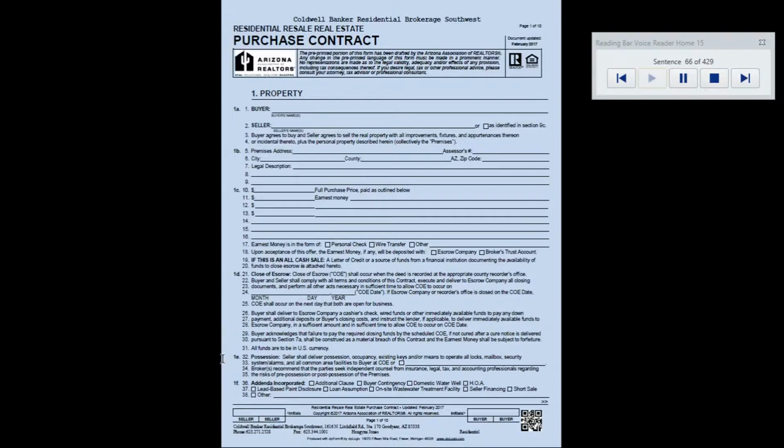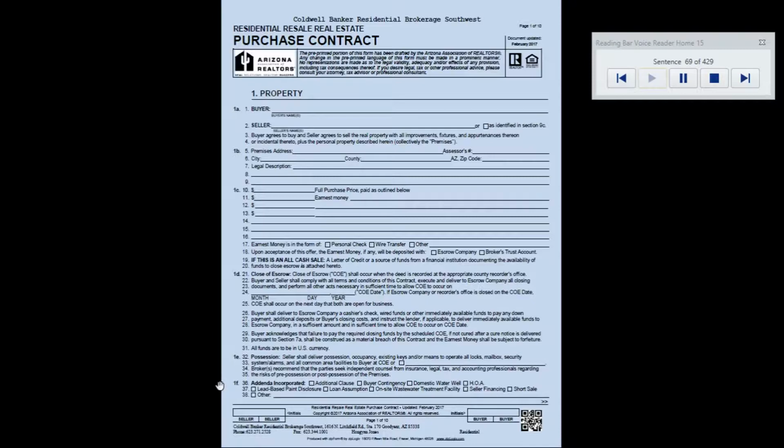Seller shall deliver possession, occupancy, existing keys and/or means to operate all locks, mailbox, security system alarms, and all common area facilities to buyer at COE or broker or brokers recommend that the parties seek appropriate counsel from insurance, legal, tax, and accounting professionals regarding the risks of pre-possession or post-possession of the premises.